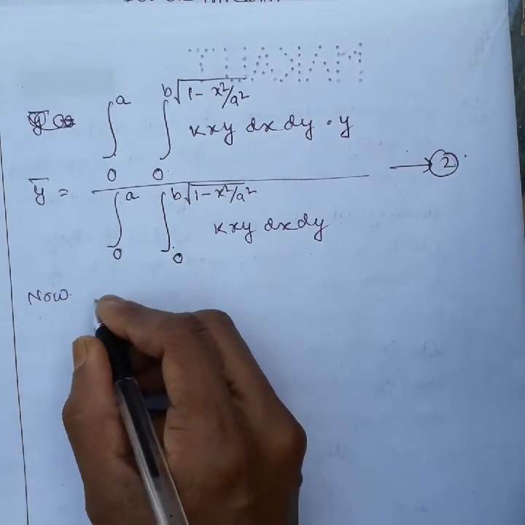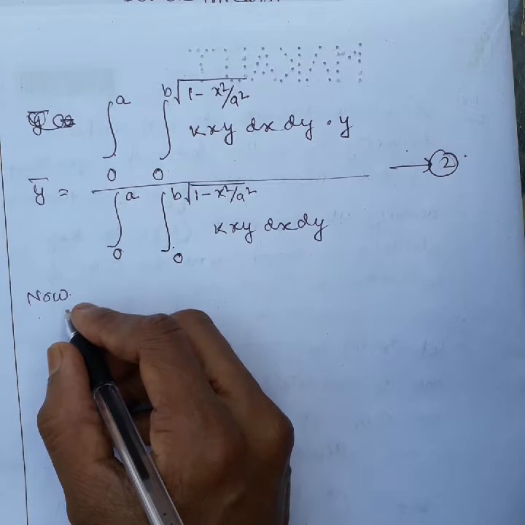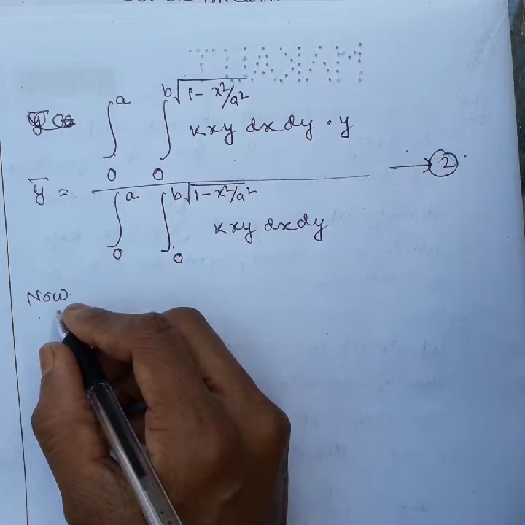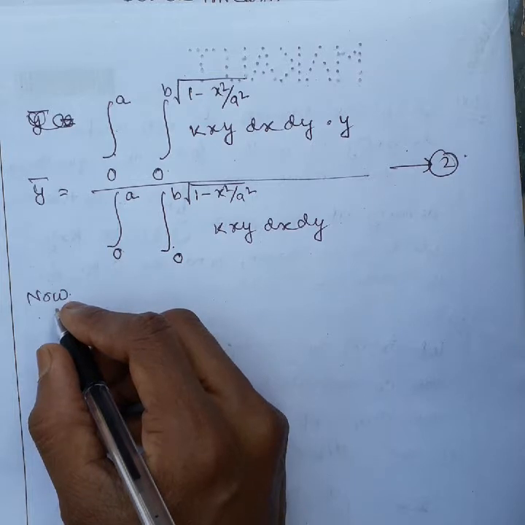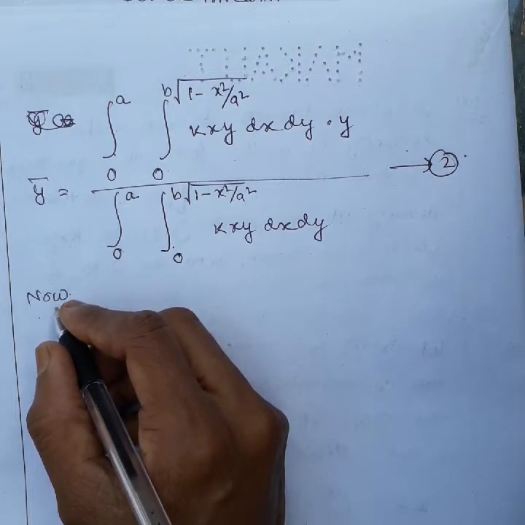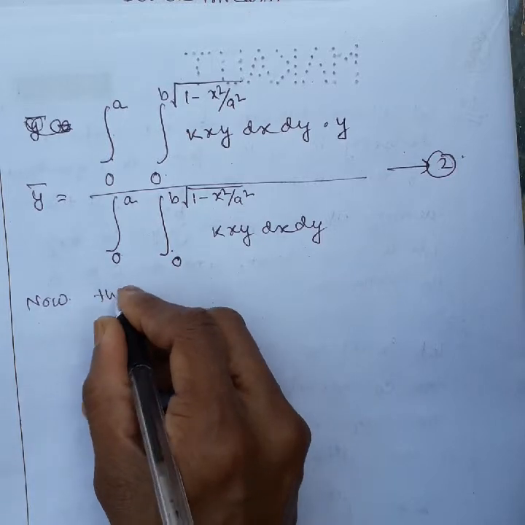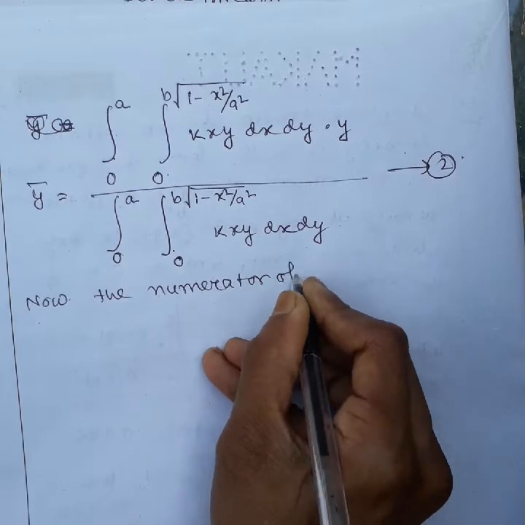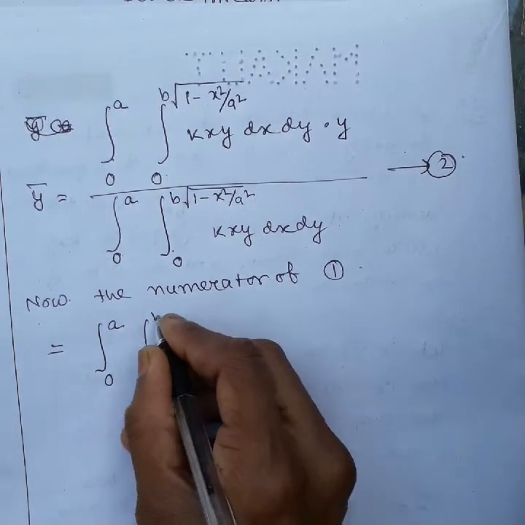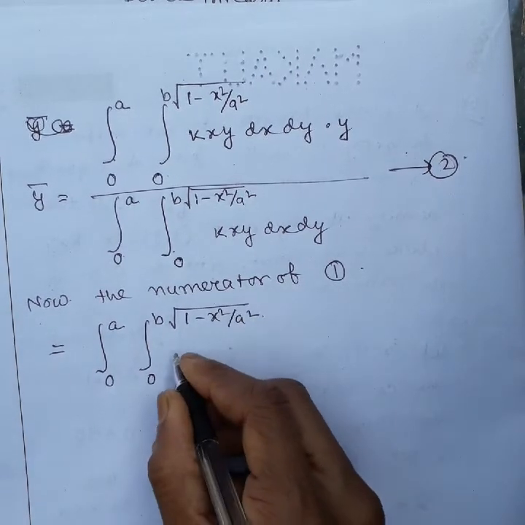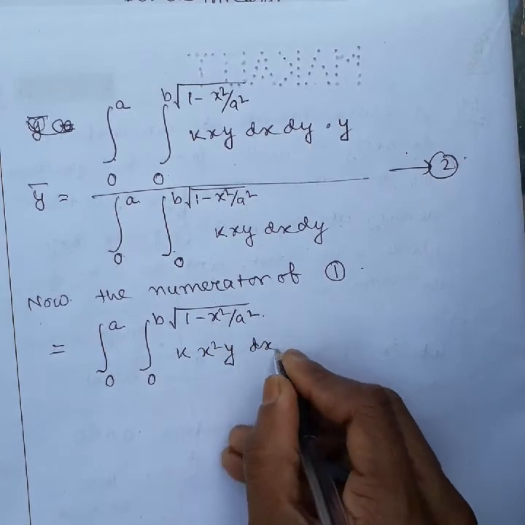Now the numerator of 1 and 2. Numerator of 1 is equal to integration of 0 to a, 0 to b into root over of 1 minus x square by a square, k into x square y dx dy.